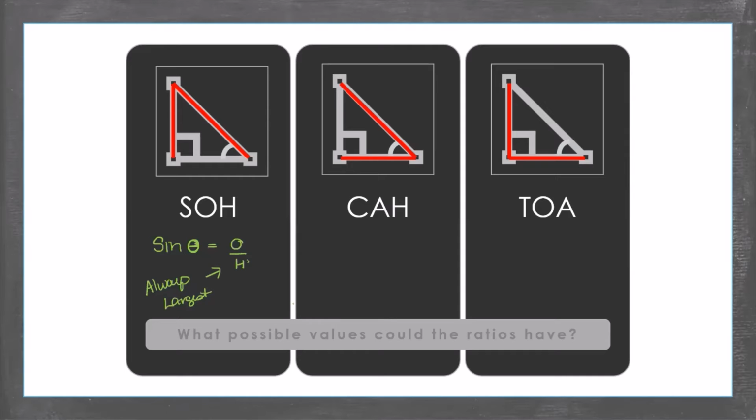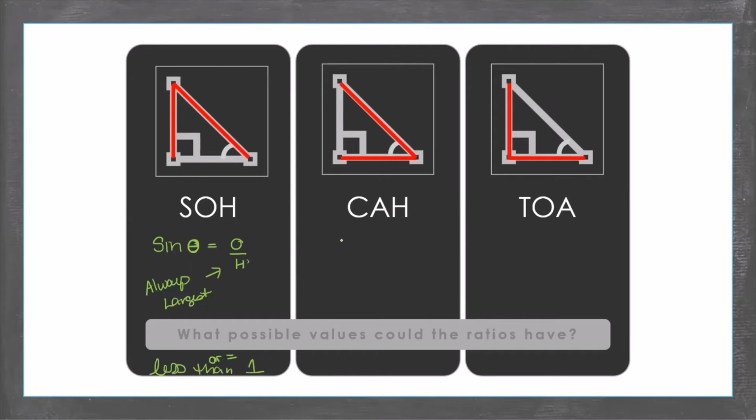Because it's always the largest side, this ratio will always be less than or equal to 1. It will never be greater than 1. It's impossible, because for it to be bigger than 1, the numerator would have to be larger than the denominator. So if your calculator gives you an error when you're calculating with the sine ratio, you probably don't have the hypotenuse in the right place.